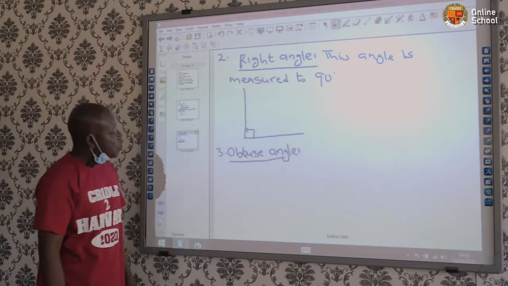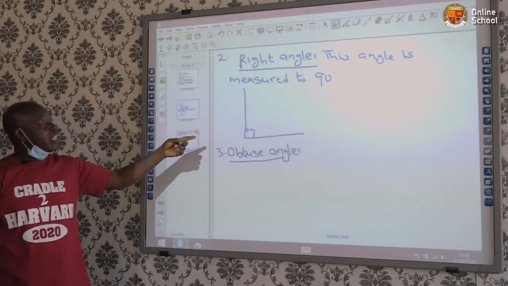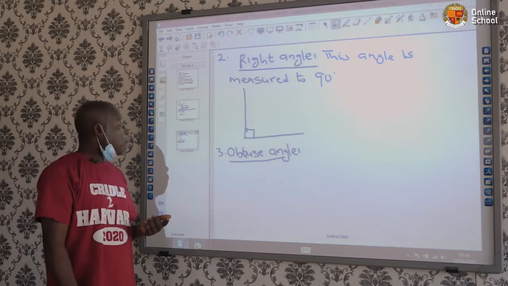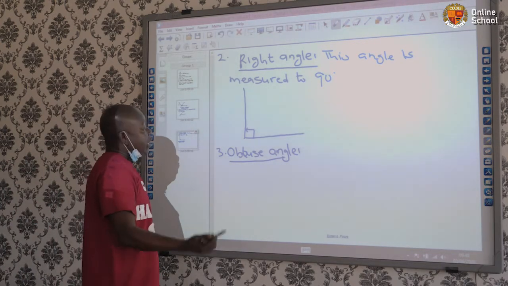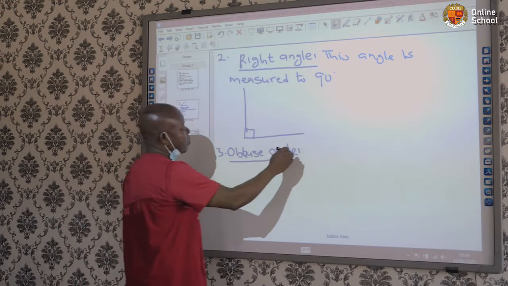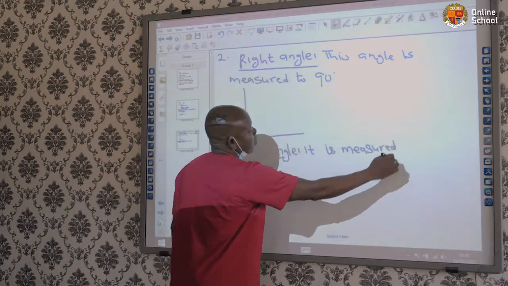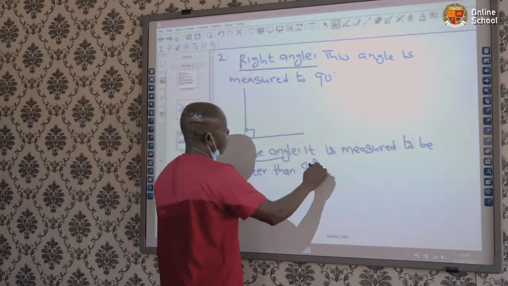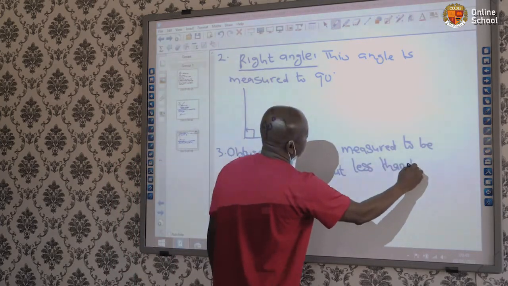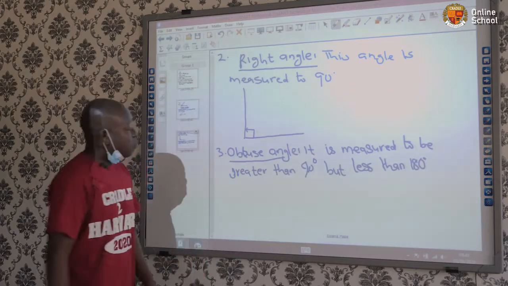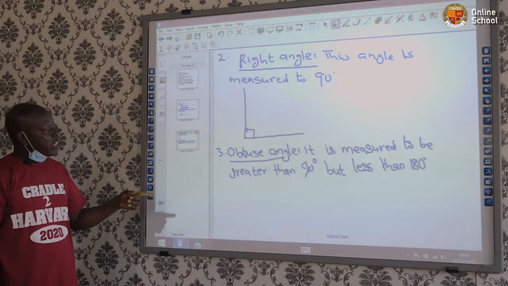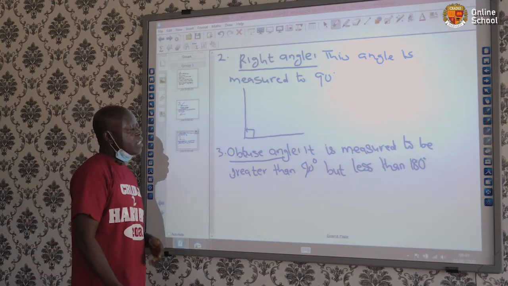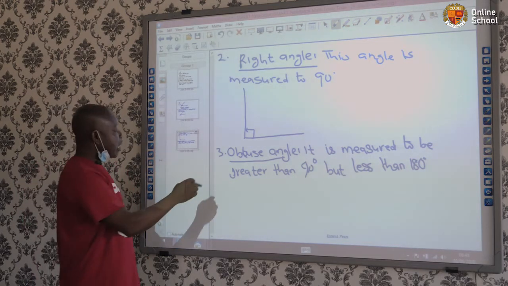This angle is measured to be greater than 90 degrees, but less than 180 degrees. You want to see the diagram?